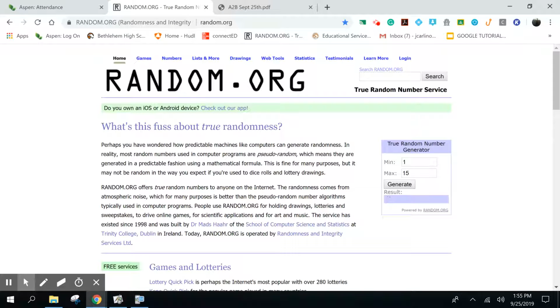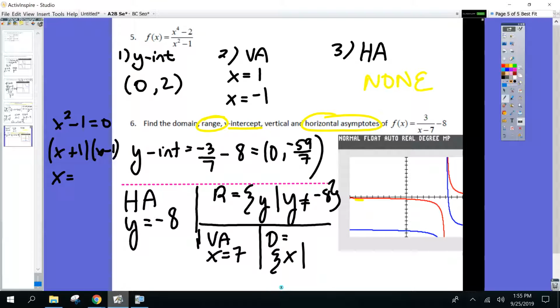Always a good finisher. x does not equal 7. There we go. So the only thing that the minus 8 affected was the horizontal asymptote, range, and y-intercept.